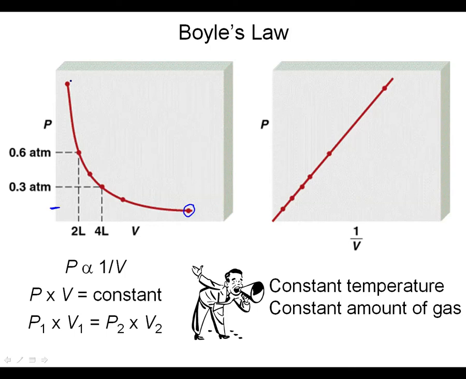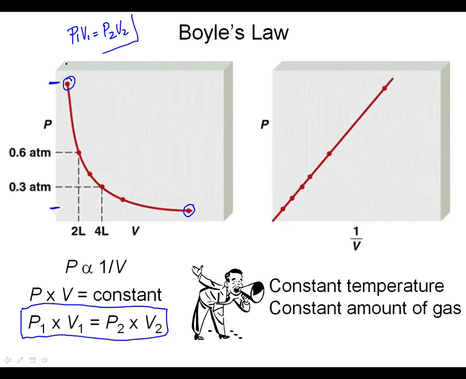And as the volume gets smaller, the pressure gets larger. And right here is Boyle's law, P1 V1 equals P2 V2. Kind of a before and after condition. And this again is at constant temperature. And again, it's an inverse relationship. So as one goes up, the other goes down.